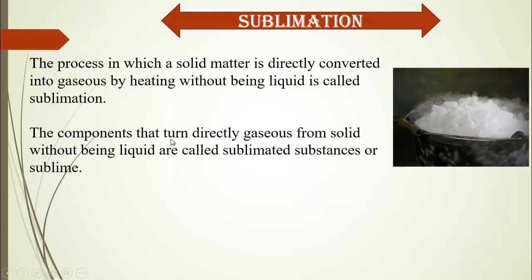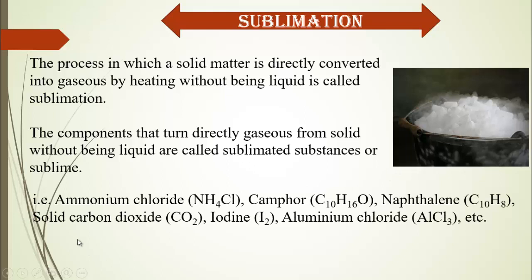The components that turn directly gaseous from solid without becoming liquid are called sublimated substances or sublimes. For example, ammonium chloride, camphor, in Bengali we call it karpur, then naphthalene, solid carbon dioxide, that is also called dry ice, iodine, aluminum chloride, etc. are actually sublimes.